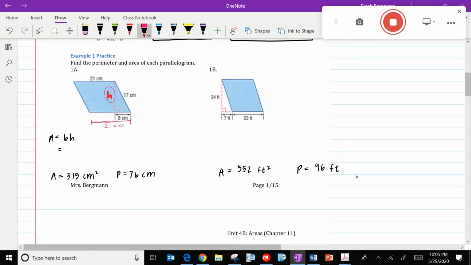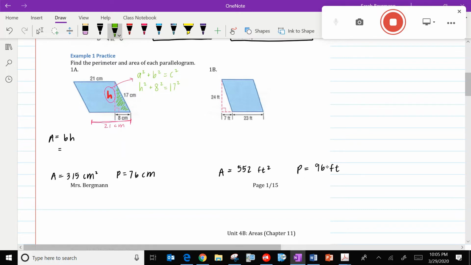However, I still don't know the height. So I need to do a little bit of extra work on this one to find the height. Hopefully you notice that this triangle here is a right triangle. Therefore, I can use the formula a squared plus b squared equals c squared. So what I have here is h squared plus 8 squared equals 17 squared.